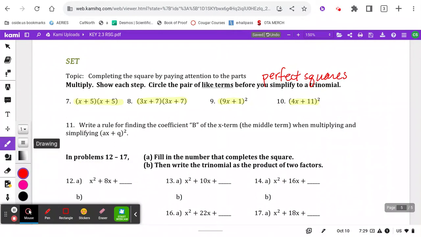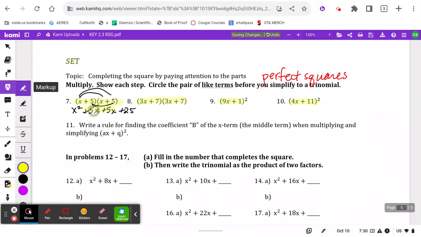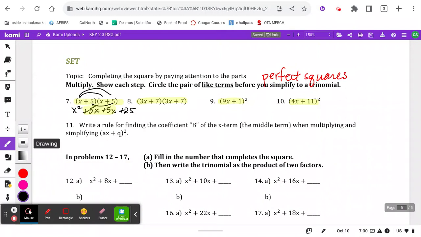So here I'm going to go first times first, outer times outer, inner times inner, last times last. Combine the middle term and get x squared plus 10x plus 25.